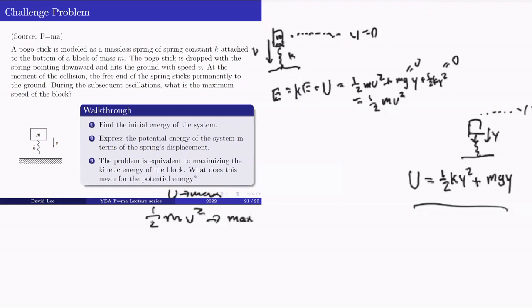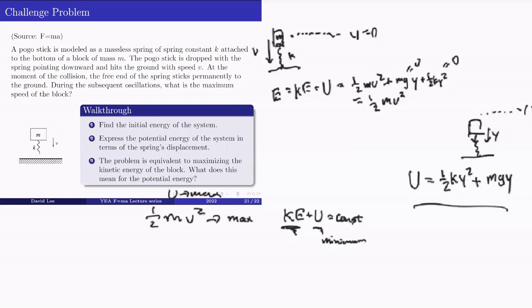So we want to maximize its kinetic energy. Well, what does this mean for the potential energy? The kinetic energy plus the potential energy is a constant, right? So if the kinetic energy is at a maximum, this means that the potential energy must be at a minimum.